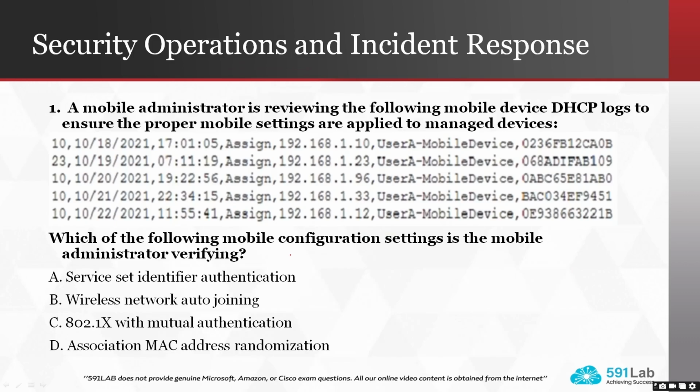Question number 1 deals with security operation and incident response, mainly concerning DHCP logs for MAC address randomization. The question says, a mobile administrator is reviewing the following mobile device DHCP logs to ensure the proper mobile settings are applied to the managed device.